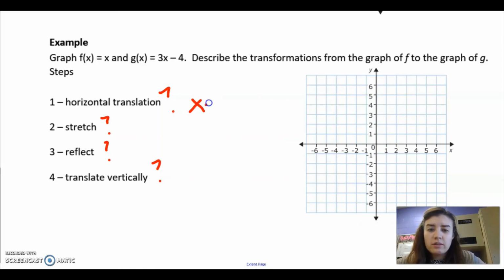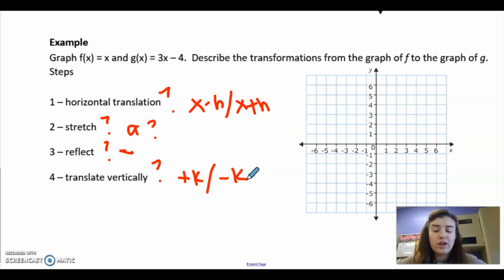Is there an x minus h or an x plus h? Is there an a? And what does that a look like? Is there a negative or a change in sign? Translate vertically. Is there a plus k or a minus k stuck on the end? Okay, those are the questions you're going to have to ask yourself.